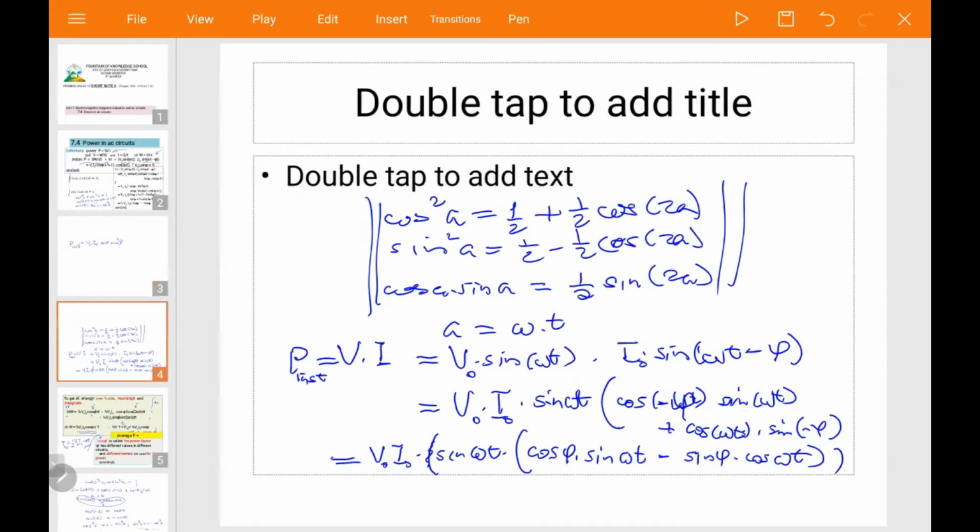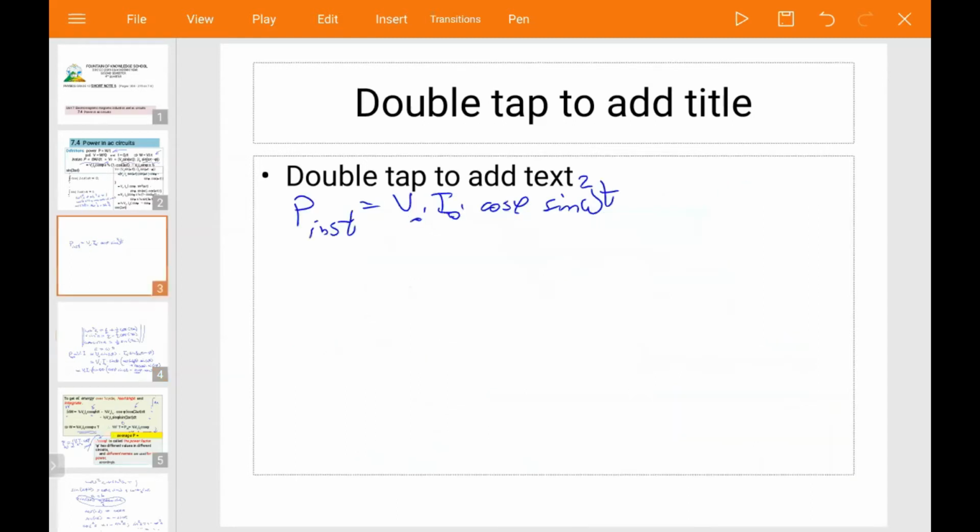This sine omega t will be taken in, cos phi will be taken out. So you have V0 I0 cos phi sine squared omega t. And the second term, V0 I0 sine phi, is a number. You take it out. So you get V0 I0 sine phi times cos omega t sine omega t. All right?